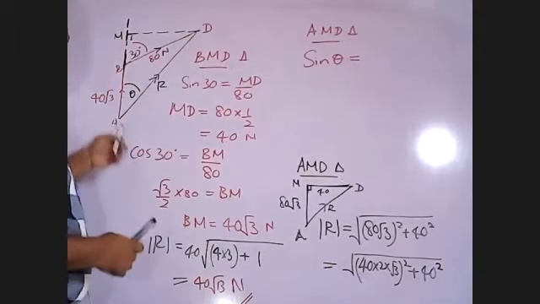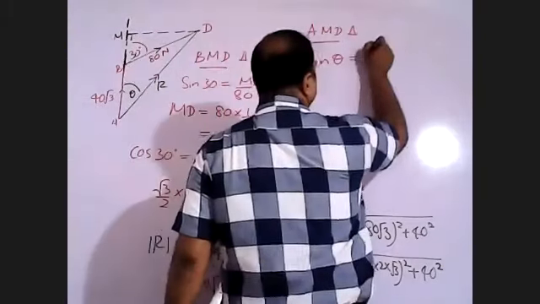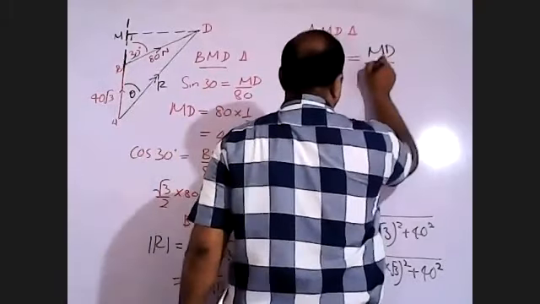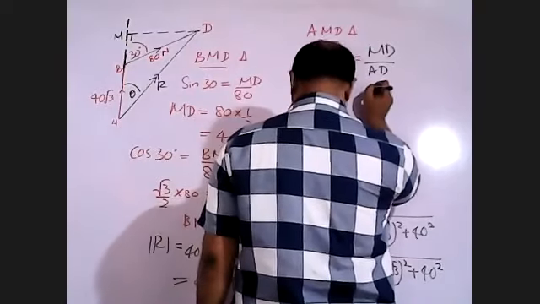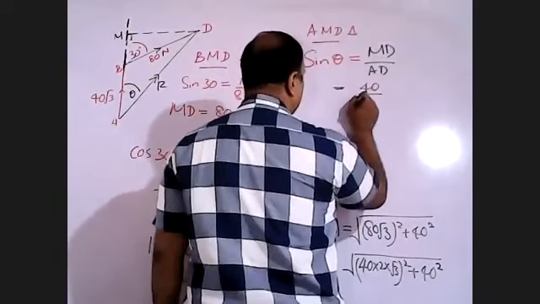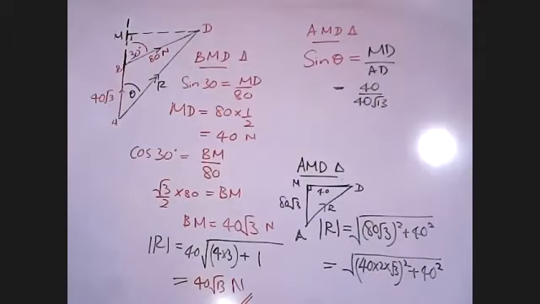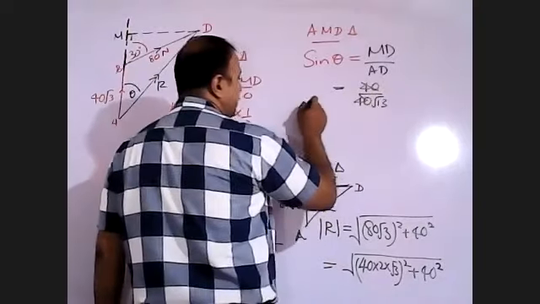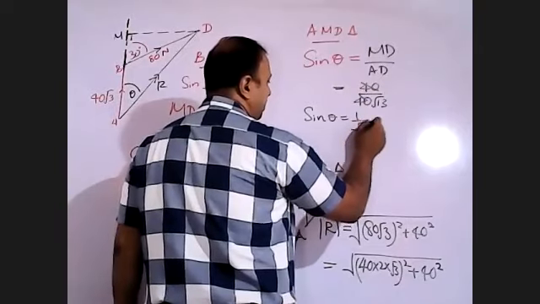Sine theta is the opposite side MD over the hypotenuse AD. MD is 40, and AD is 40 root 13. The 40s cancel out, so sine theta is equal to 1 over root 13.